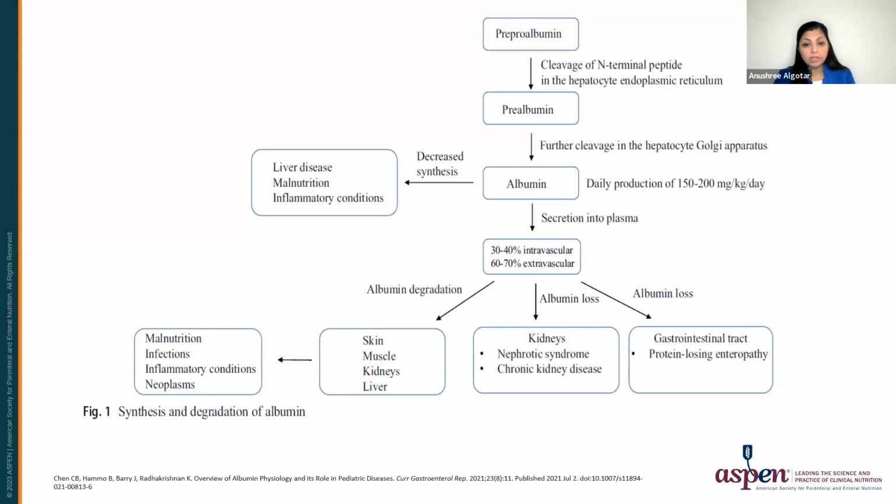Degradation occurs predominantly in skin, muscles, kidneys, as well as liver, which can lead to lower levels in infections, inflammatory conditions, neoplastic conditions, in addition to malnutrition. Albumin losses can decrease levels as well, which can be seen with renal disease or with protein-losing enteropathy in gastrointestinal disease.